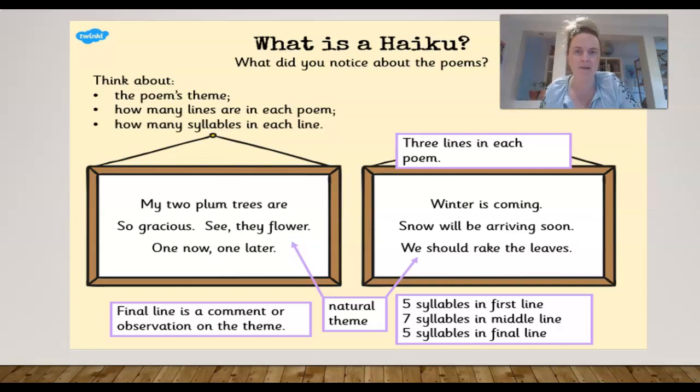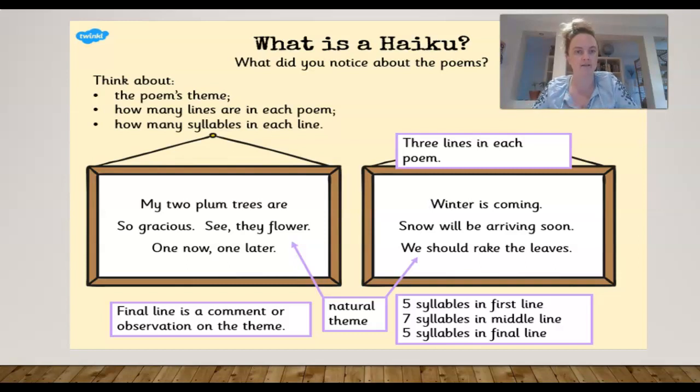So who can remember what a syllable is? Lily, can you remember what a syllable is? What about you, Kai? A syllable, remember a syllable is the beat in a word. It is the beat. So let's have a look at the word winter. How many syllables are in winter? How many beats does winter have?